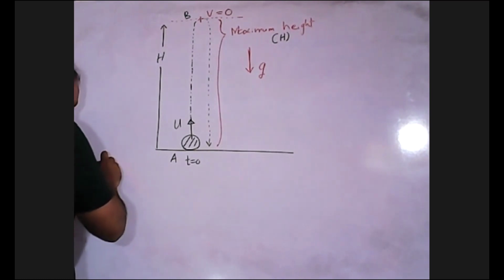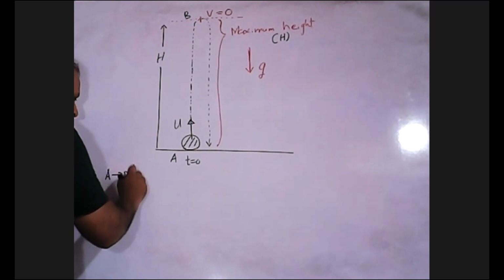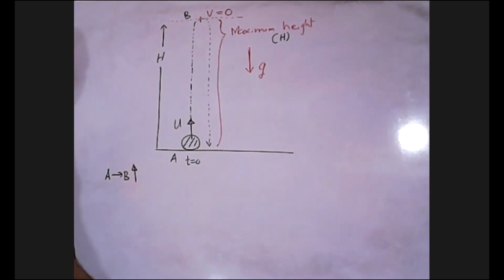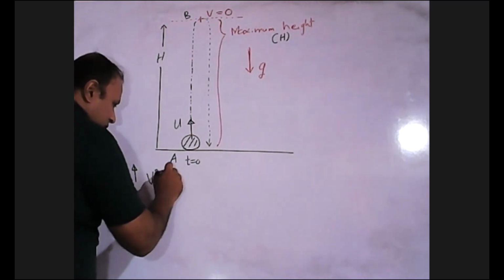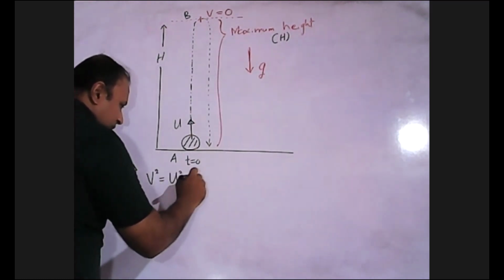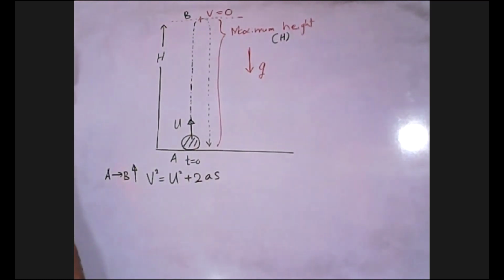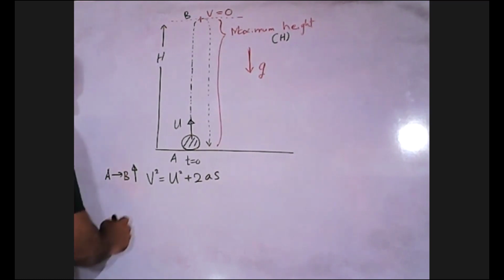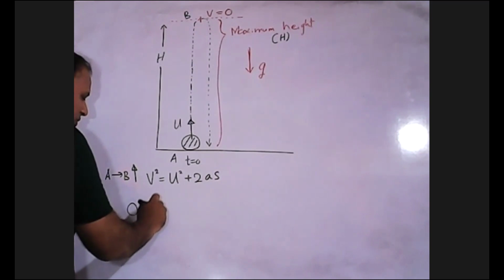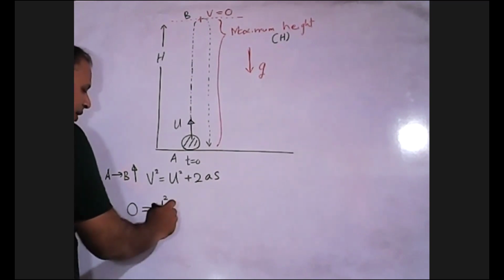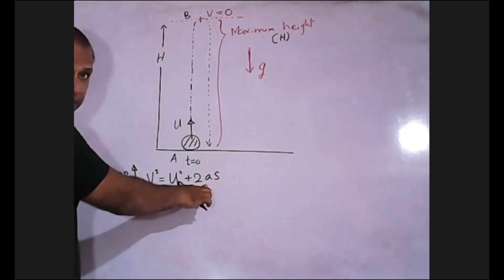So from A to B, towards the upward direction, I can apply v squared equals u squared plus 2as. So v squared is 0, u squared, you know u squared, and 2ah. a means acceleration.